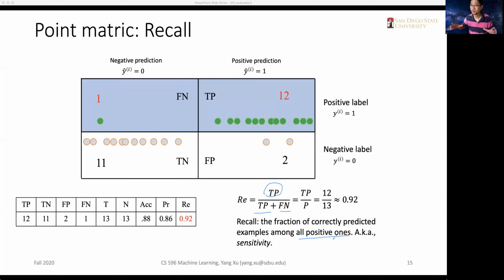It is not bold enough in making positive predictions. So a lot of the actual positive cases are simply ignored. That is something we also want to solve, right?